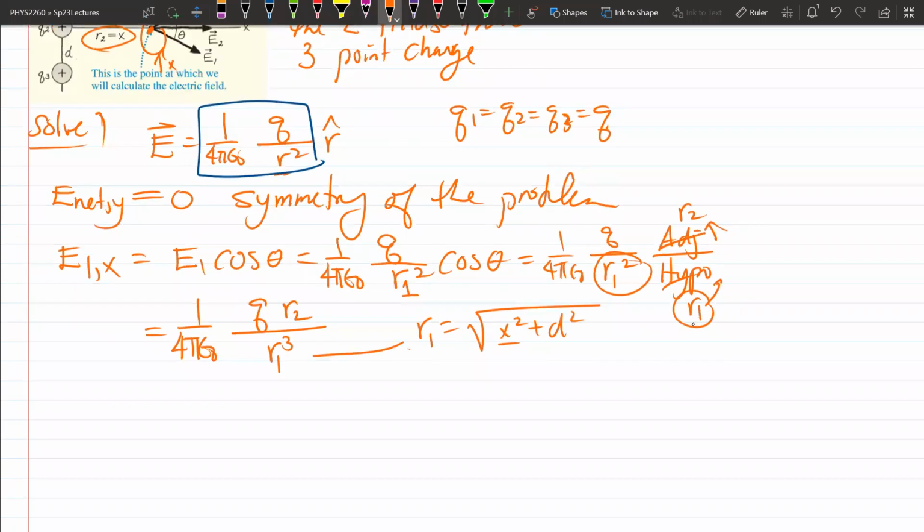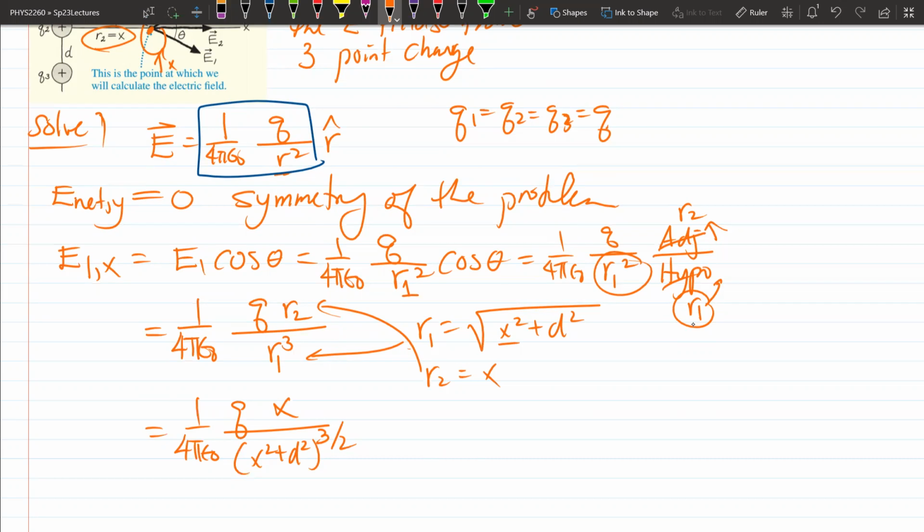So we do all this substitution where R2 is actually equal to x, right? Put all the stuff in there. You have charge, you have x on top, and then you have x squared plus D squared to the 3/2 power. Okay, everyone okay with me getting that 3/2 power?